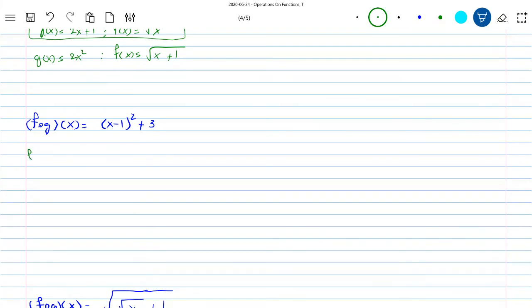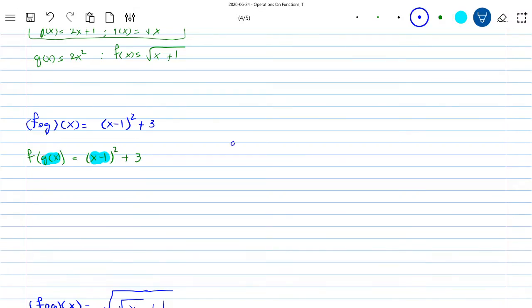I will write f of g of x, and it is given as x minus 1 squared plus 3. You have multiple choices. You can say, okay, this is the g function, I want it to be only x minus 1. If I do that, what do I get?